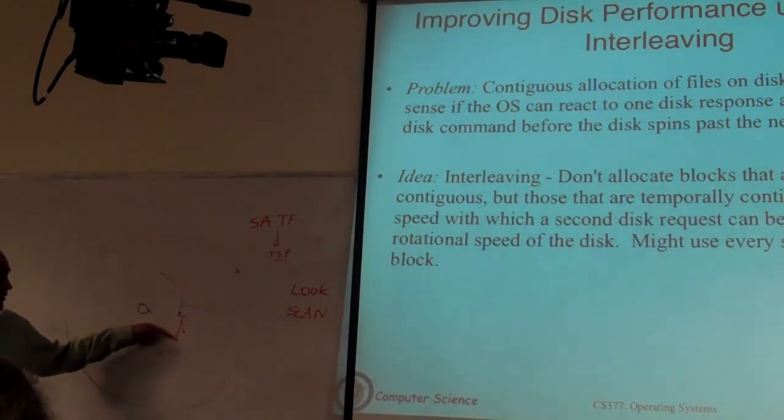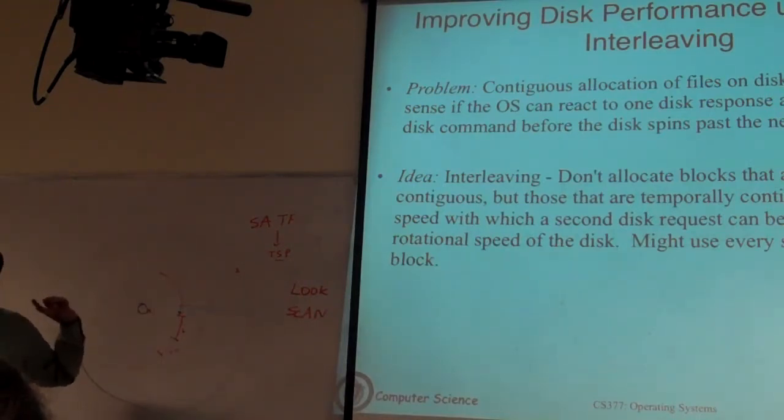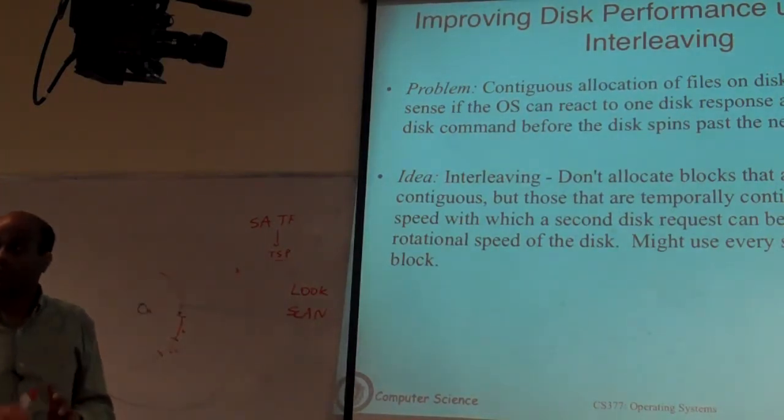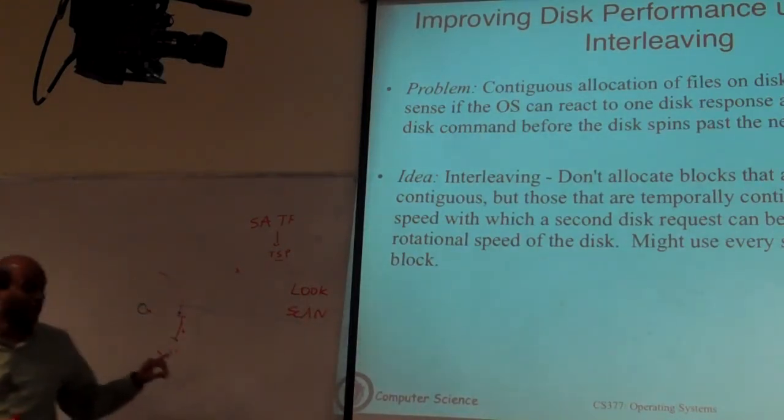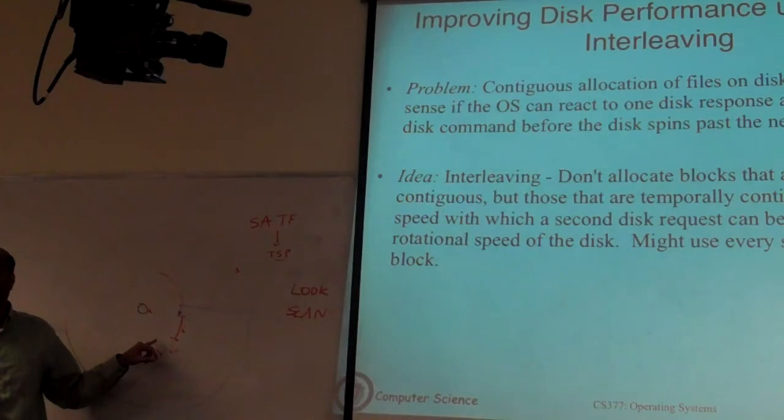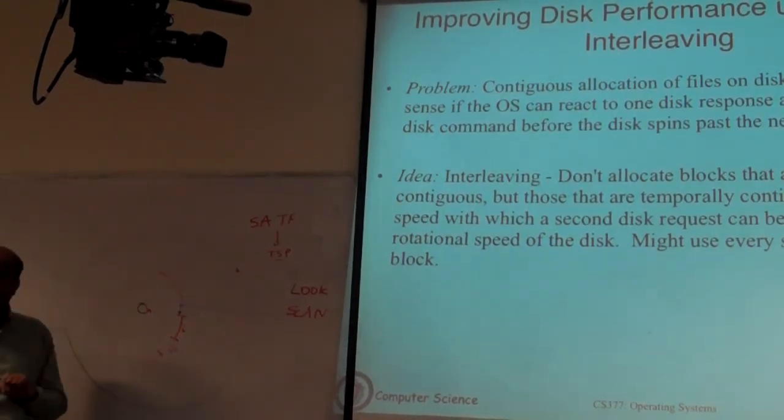There's no gap between this bit and this bit. If you cannot instantaneously figure out that you need to continue reading, this bit would have spun by. So then you have to wait for an entire rotation again before you can read the next sector. So what seemed like a good idea, storing these sectors contiguously, can actually harm you if the disk electronics isn't fast enough to figure this out, and typically it is not.